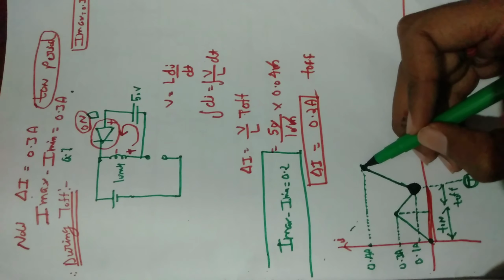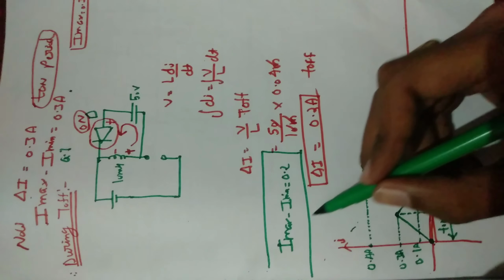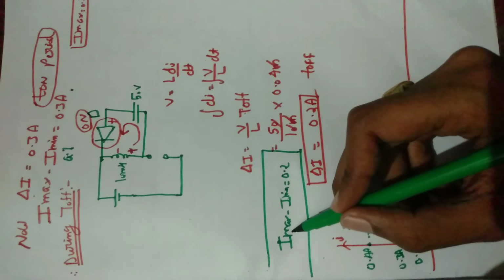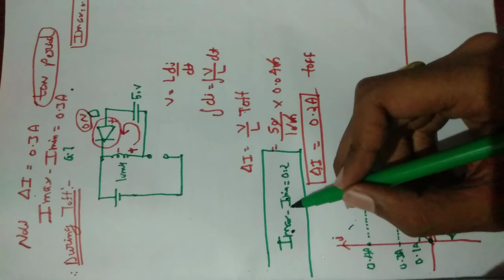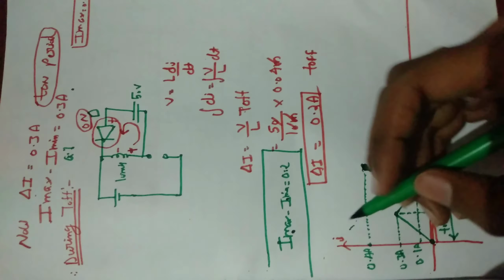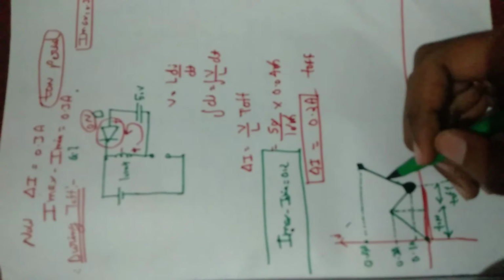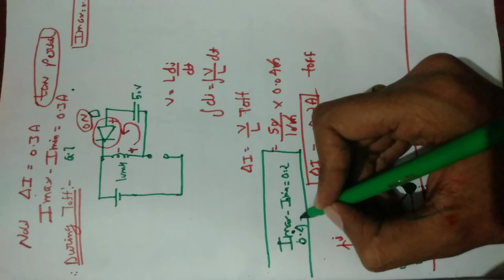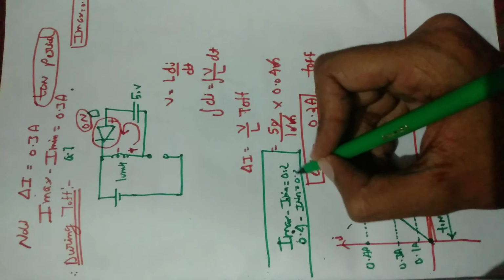Now to what level the current decreases, we have to find from here. The maximum value is 0.4, minus the minimum value equal to 0.2. So put the value here: 0.4 minus I min equal to 0.2.